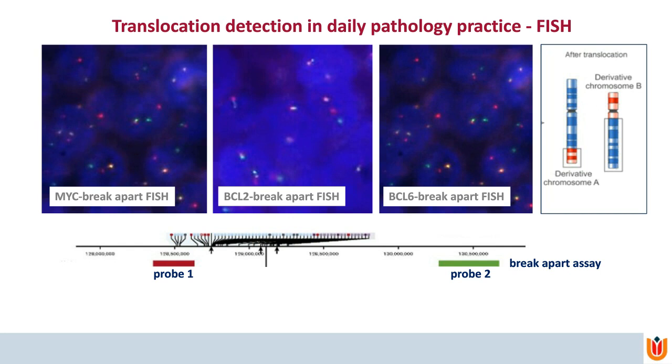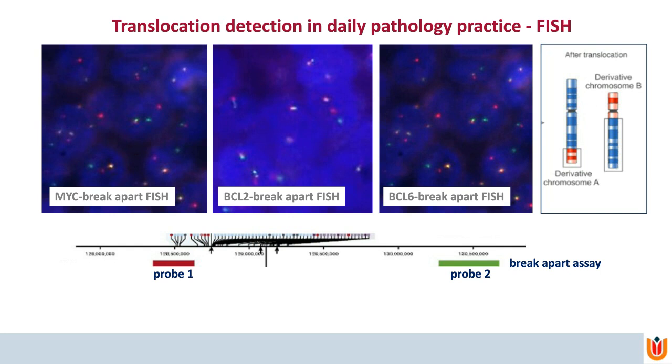And as you see, we do not see the difference, and we really need to look carefully at the label on our slides and on the file, because the patterns will be the same in the fluorescent picture. Alternatively, we can use fusion assays, not break-apart assays, and in that case, the probes are located on the two translocation partners.